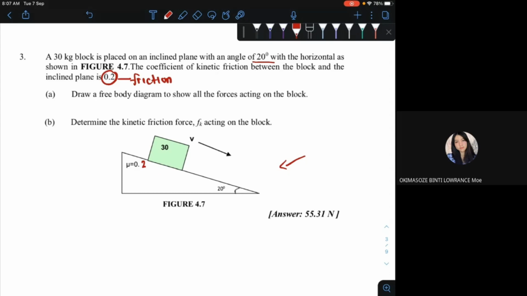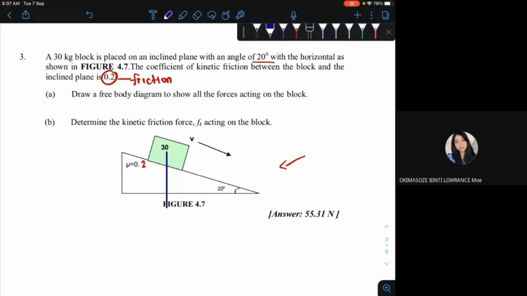Okay, the first question is to draw free body diagram. Alright, kalau kita nak lukis free body diagram, kita start dengan identifying forces lah. So by now, it should not be a problem untuk kamu identify forces. So setiap objek ada weight.